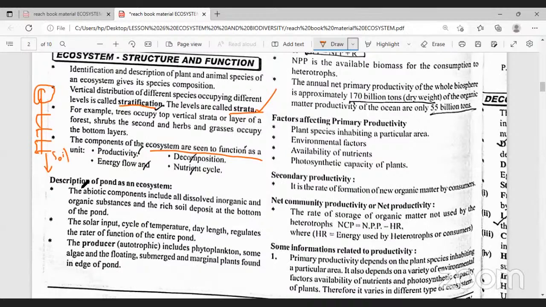First of all, they have taken a pond as an ecosystem. Any one pond is considered an ecosystem. Why? Because the pond contains all the living organisms. For example, the lower part contains the microorganisms: phytoplankton, zooplankton, amoeba, all those things.